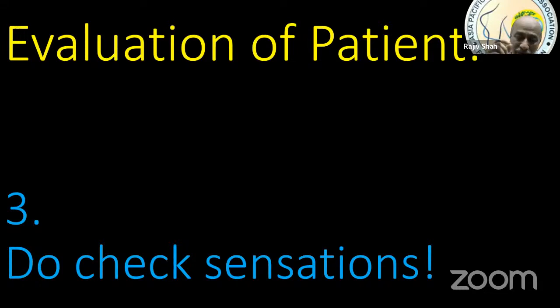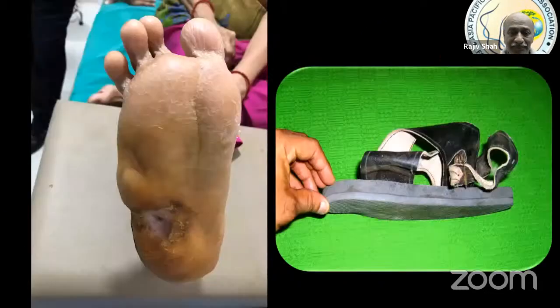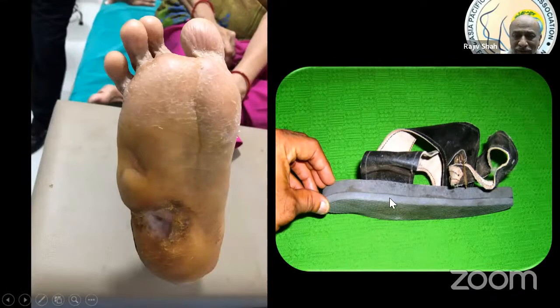So you need to check the sensations and you need to mention specifically that please note that this patient is insensate. That is very, very important. And if such a kind of footwear is given to a neuropathic patient with leprosy, she will have this kind of pressure ulcer.